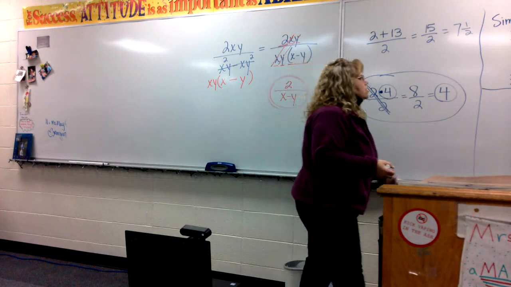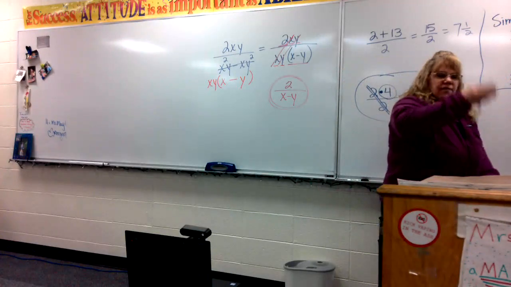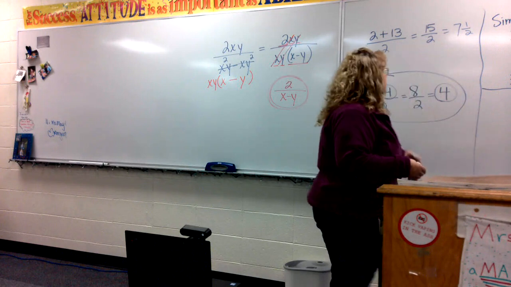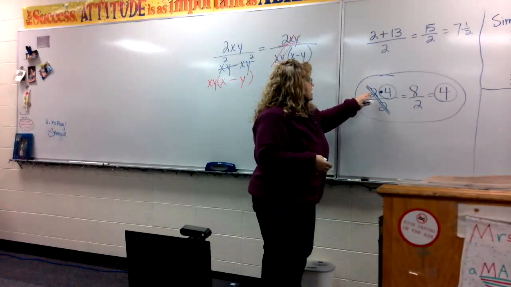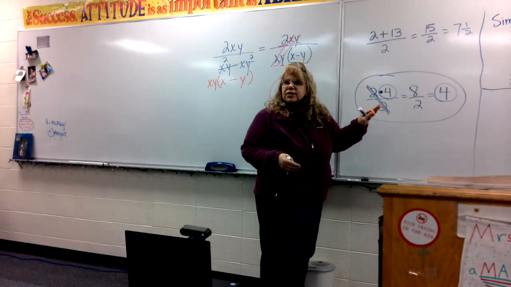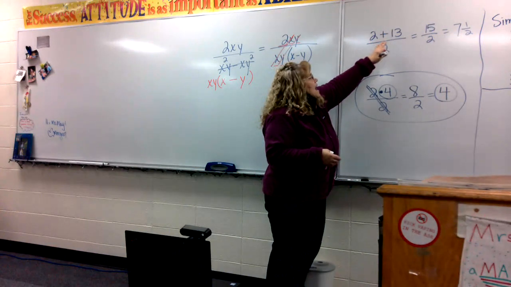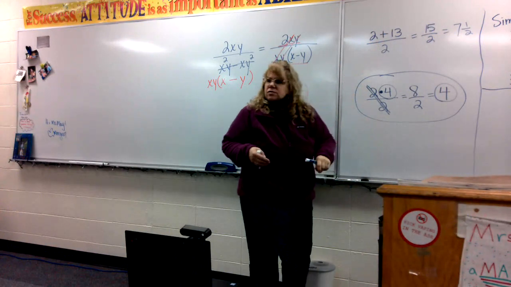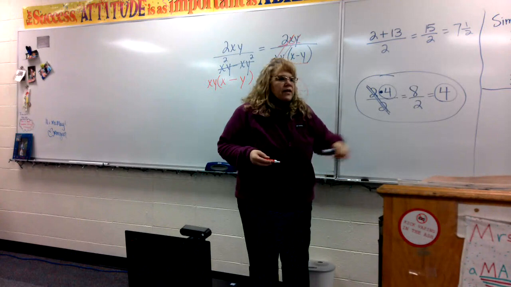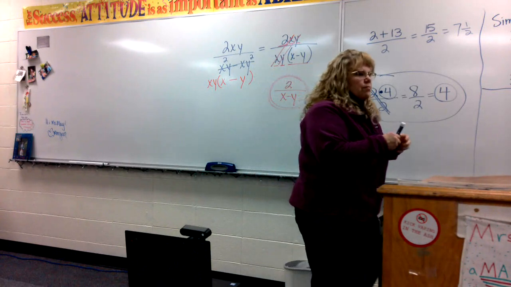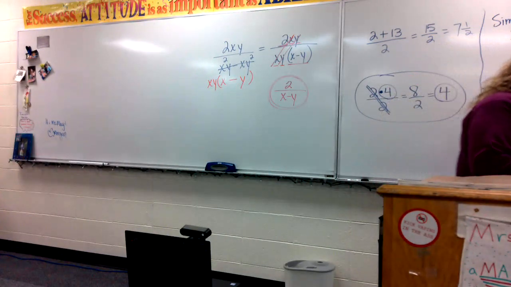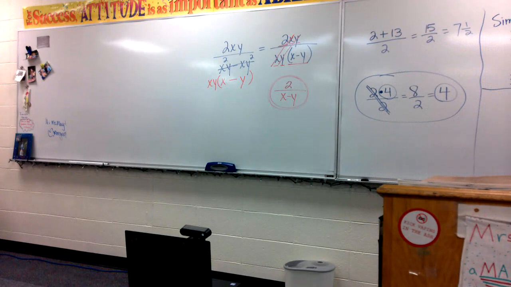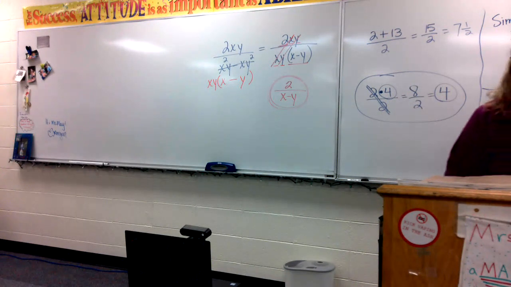It's mostly just going to be factoring and then canceling. And the only thing you have to remember is it's got to be times in order to cancel it. It can't be adding, it's got to be times. That's the most important thing to remember, because that's a common mistake I see all the time.